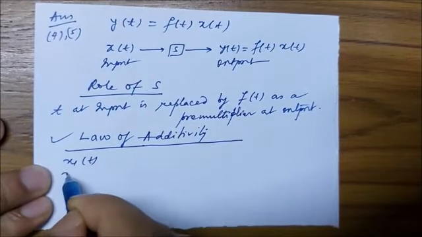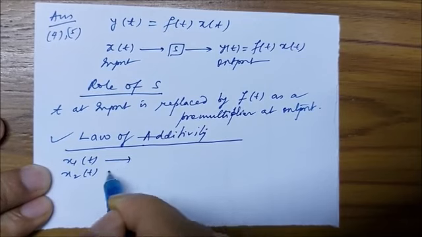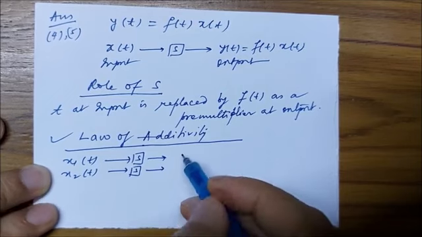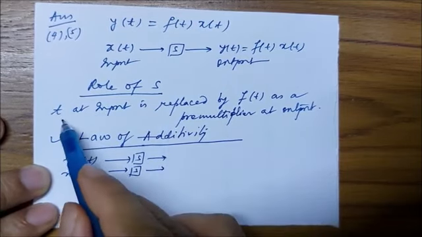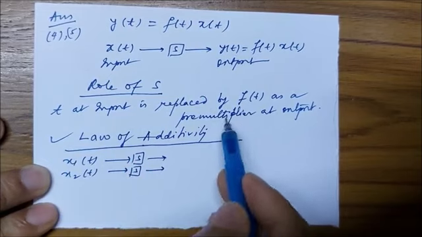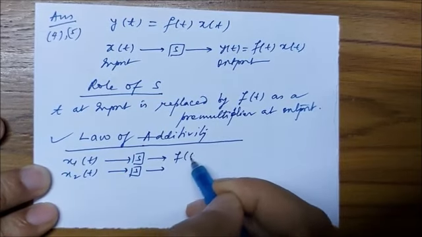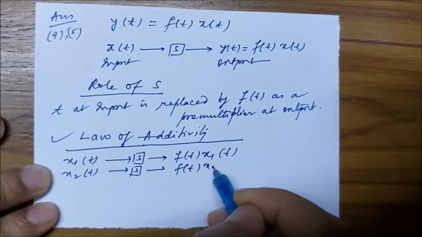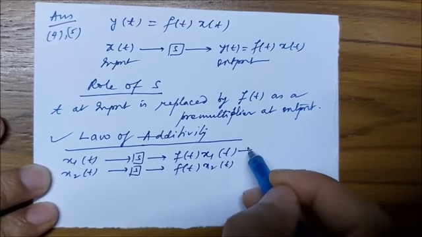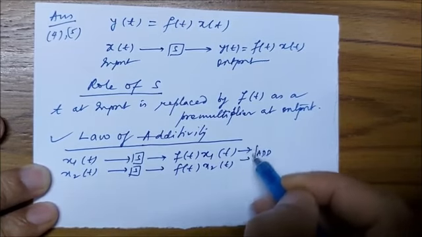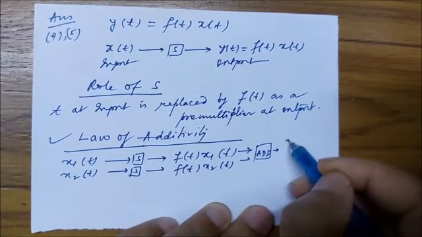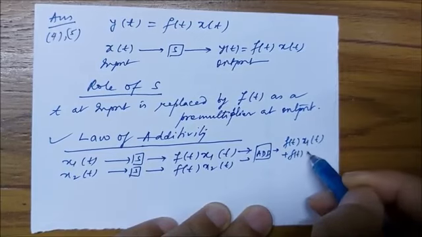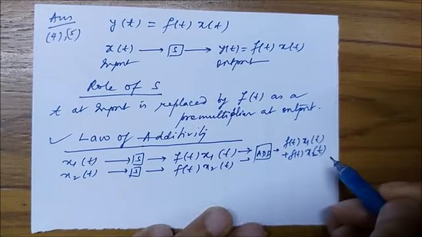So x1 of t and x2 of t are separately applied to the system, and what will be the response? The response will be replacing t by f of t as a pre-multiplier. So it will be f of t x1, and here it will be f of t x2. Now we have to add them, and that gives us this is the response.